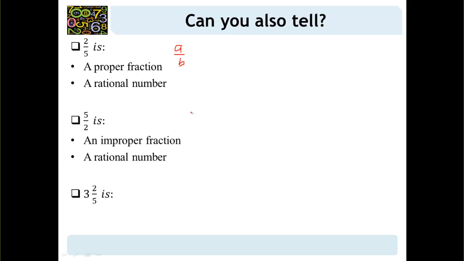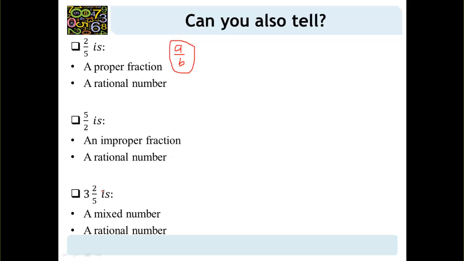What of the mixed number, 3 and 2 over 5? This is a mixed number and it is also a rational number. Can you tell me why? Remember, a rational number can be expressed as a over b. At first sight, it probably does not look like this because the 3 here is a whole number, and you don't see any integer fraction. But can you express it as a over b? Yes, you can.